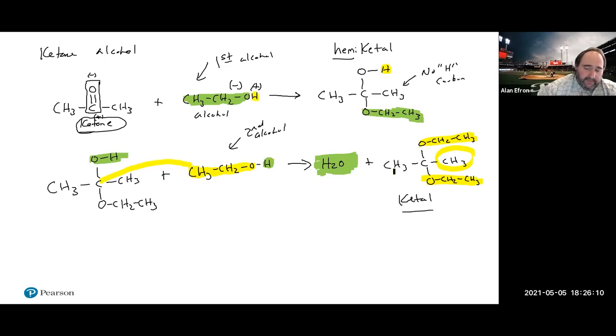So if we look at a couple of structures, those are the things you want to look at when you're trying to maybe identify one as being a ketal, hemiacetal, hemiketal, whatever it may be.